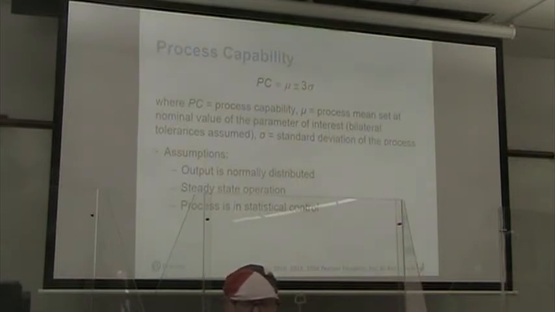So PC is process capability, mu is process mean, at a nominal value for the parameter of interest, and sigma equals the standard deviation of the process. Our assumptions are that our output is normally distributed, that we have a steady state operation, and that our process is in statistical control.